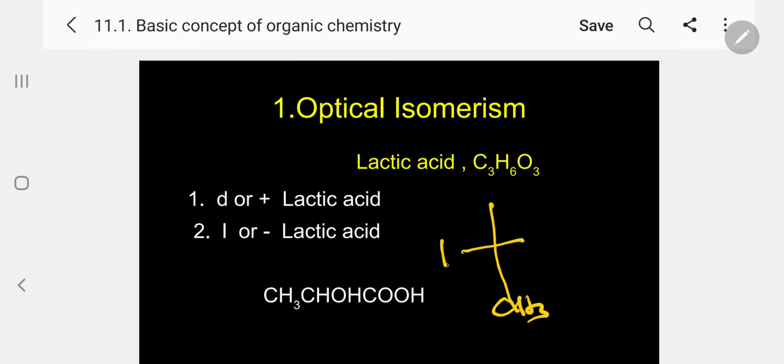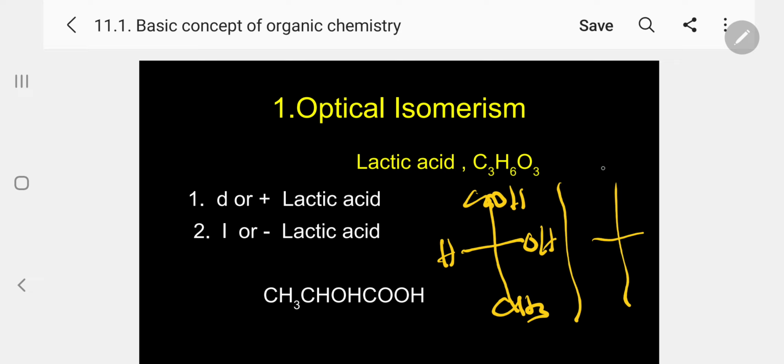CH3, H, OH, COOH. This is lactic acid. Its mirror image: COOH, HO, H, CH3. Please follow. So one is D-lactic acid, another is L-lactic acid.